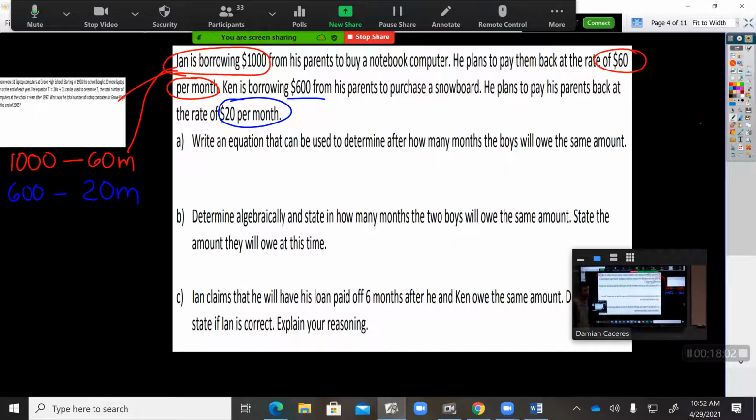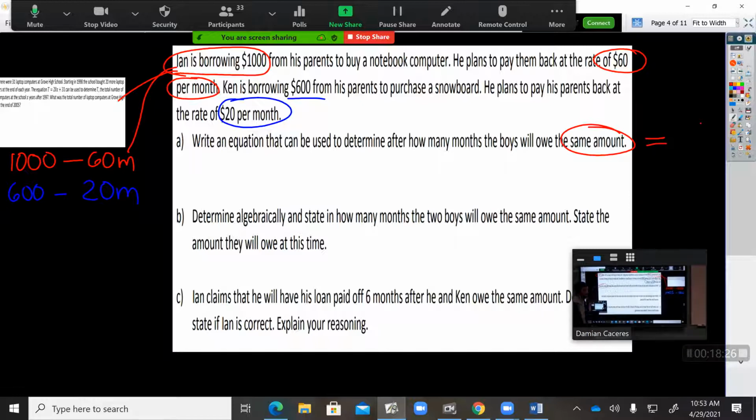Now that we have both expressions for both people, we can get to the questions and answer the questions they're asking. So pay attention to the question here. Write an equation that can be used to determine after how many months the boys will owe the same amount. Answer this question for me. Same means what in math?